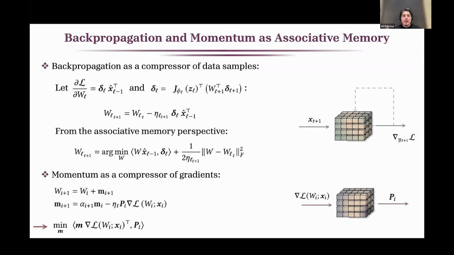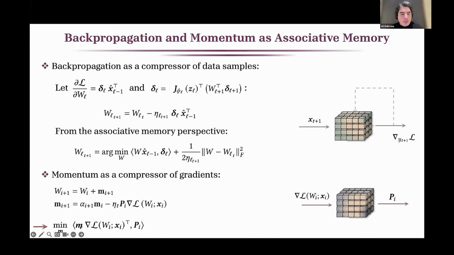And now, we can go to more powerful optimization processes. For example, we can say that we want to use gradient descent with momentum. But the interesting part is if you write the momentum term, you can see that the momentum term is again a form of associative memory because it's a recurrent formula, and you can see that this recurrence that we have for the momentum term is equivalent to minimizing this dot product similarity objective when we want to find the momentum.